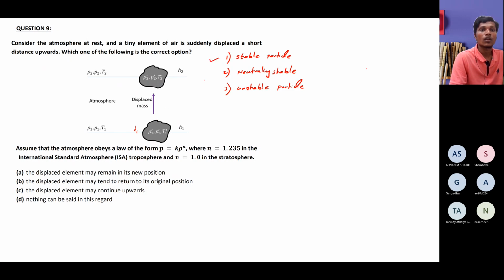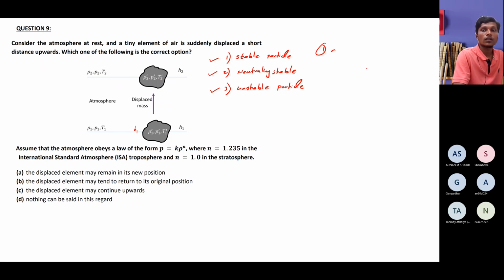That is option 1. If it goes to some particular height, up or down, and stays there without coming back, then we say it is neutrally stable. If it keeps moving up or down and continues in this direction, then we say it is a completely unstable particle. So how can you define whether a particle is stable or not? We can characterize it by two things.